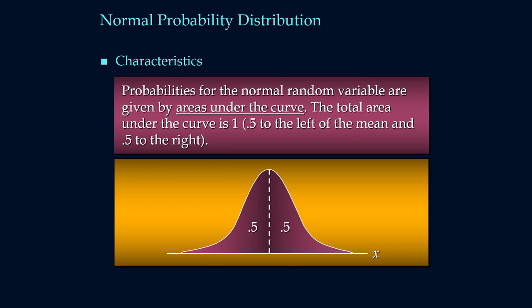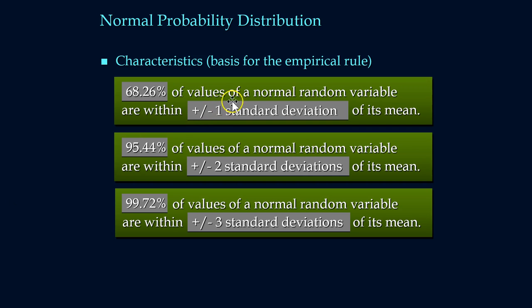And if I know the standard deviation is 3 inches, well, plus or minus one standard deviation, so plus or minus 3 inches, I know that 68.26% of all observations will fall within that one standard deviation.